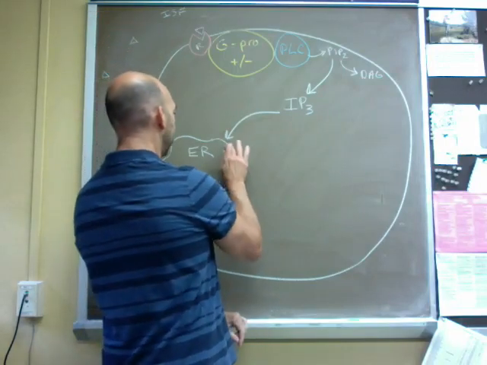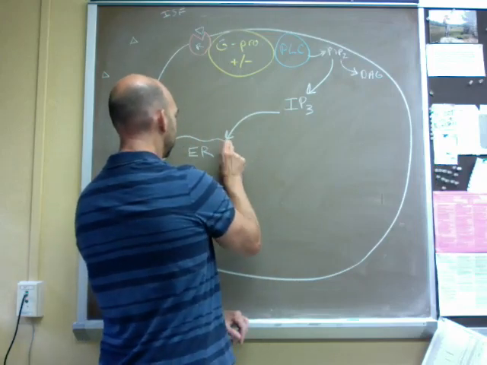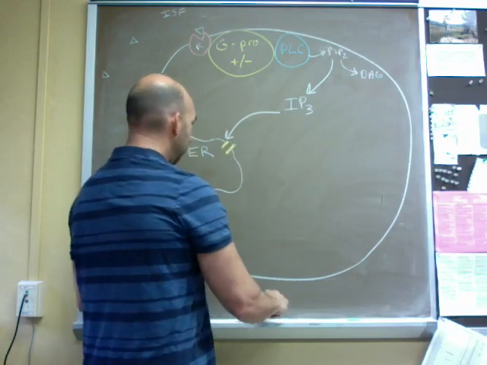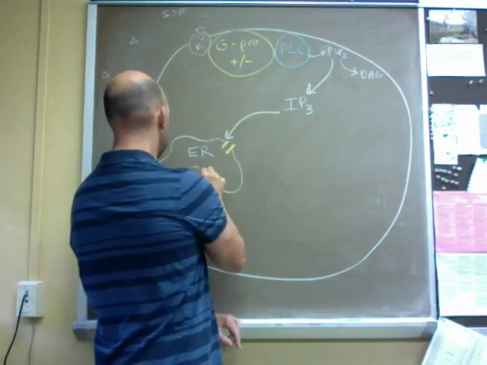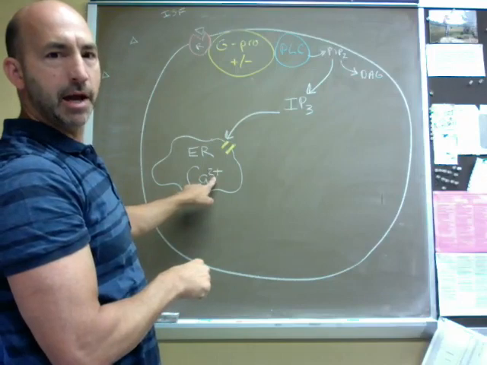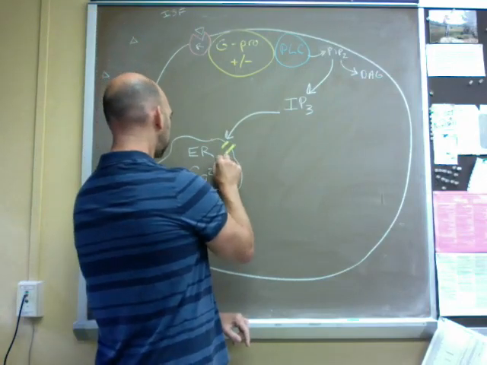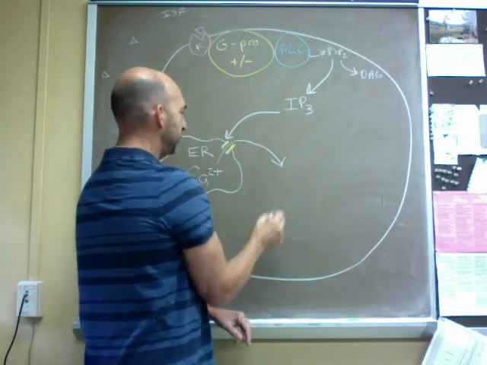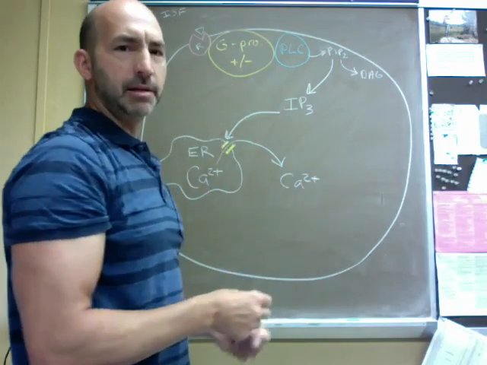So the IP3 is actually going to bind to and open an IP3 dependent calcium channel. Calcium is a divalent cation, so it's 2+. Once we open this channel, our calcium ions will diffuse out and increase cytoplasmic calcium levels.